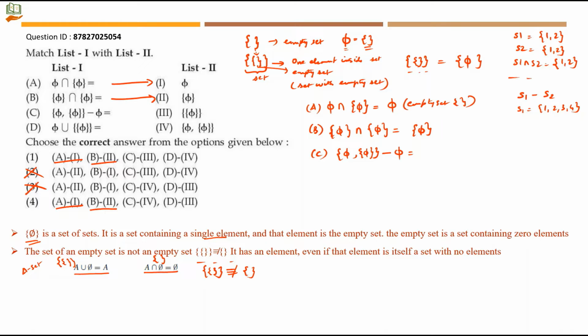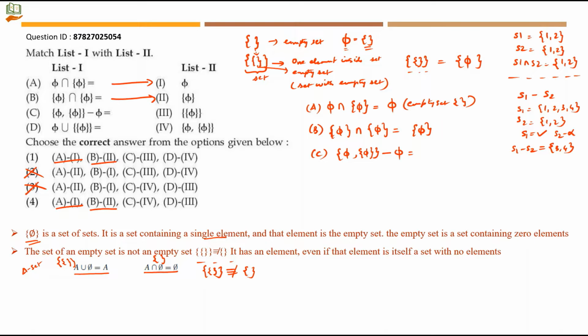So this is one example. Now this is the other example. S2 is equal to 1, 2. So whatever is present in S1 but not in S2 will be considered as the result of difference operation. So S1 minus S2, the result will be 3, 4.